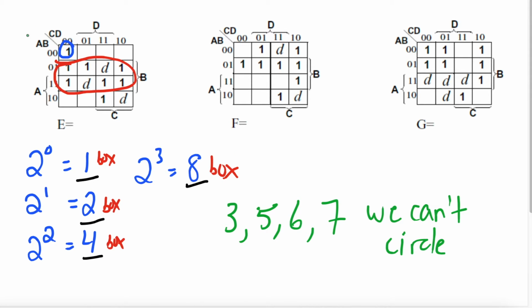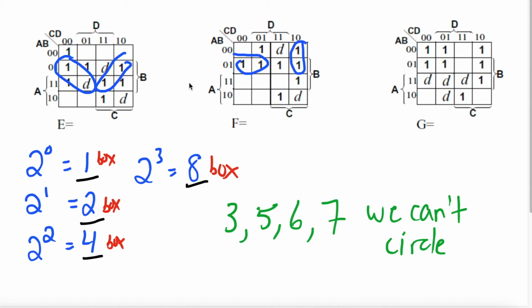Now, what else do we need to know? When we circle these boxes, we cannot circle diagonally. Let's say I want to circle 2 boxes. I cannot circle 2 boxes like this. This is not allowed. I can only circle 2 boxes either horizontally or vertically.